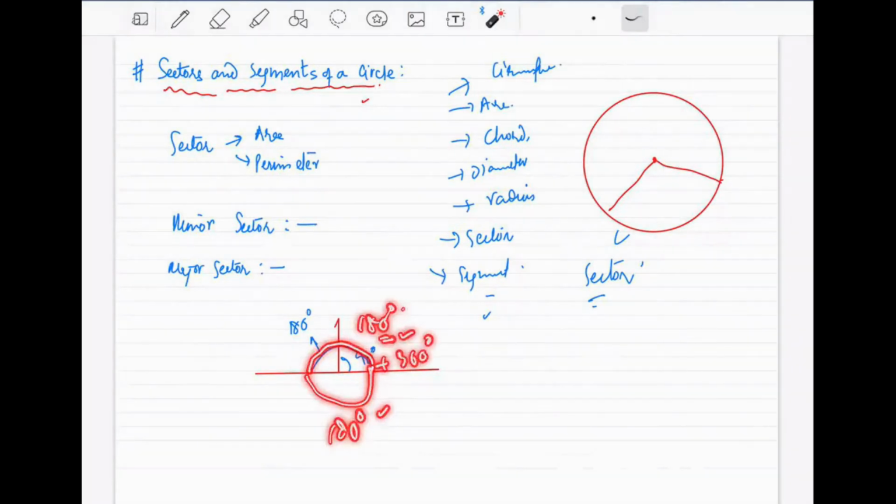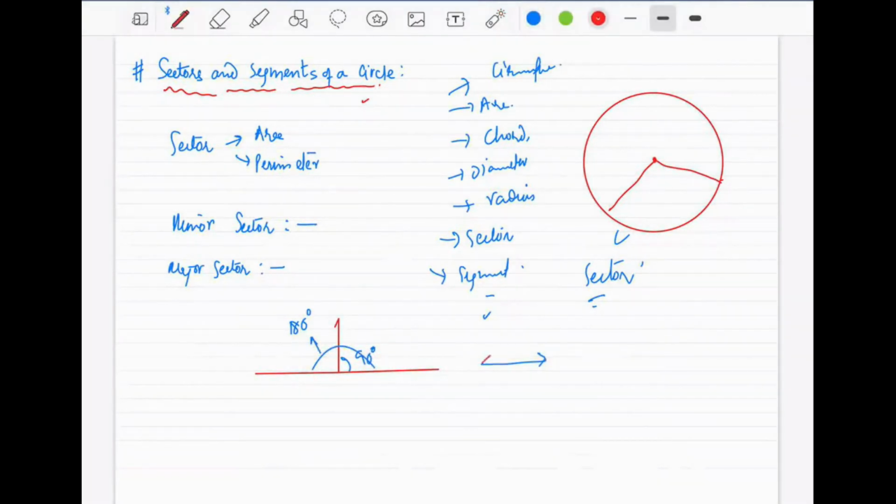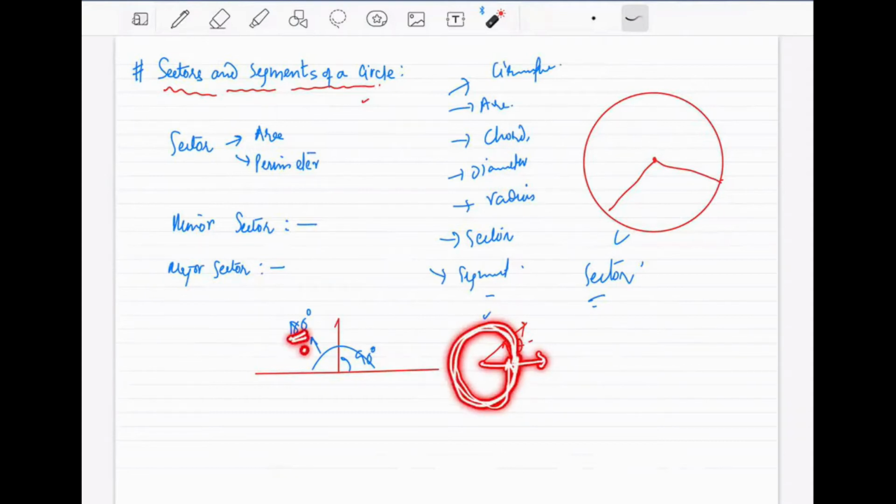Consider this blue line, and on this I rotated the red line. This is the angle theta. The red line was here before. I rotate this in the anti-clockwise direction and it reaches the blue line again. Now this whole angle, how much is it? There are 180 degree two times.